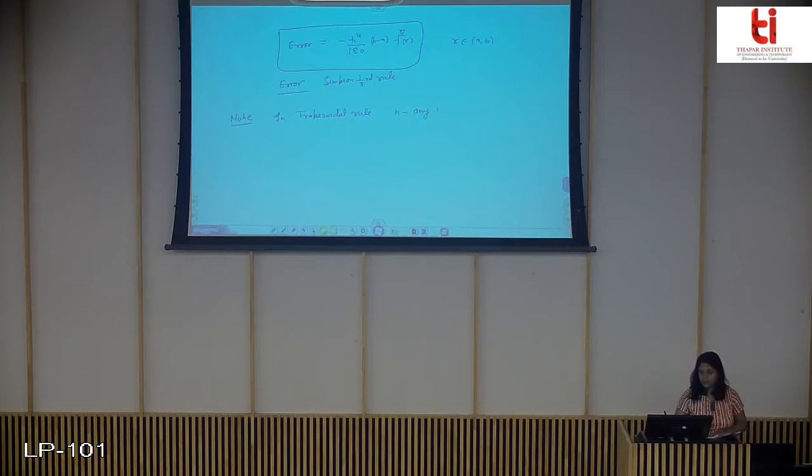What about Simpson's one-third rule? N should be an even integer. Keep in mind, please start counting from x0 onwards.